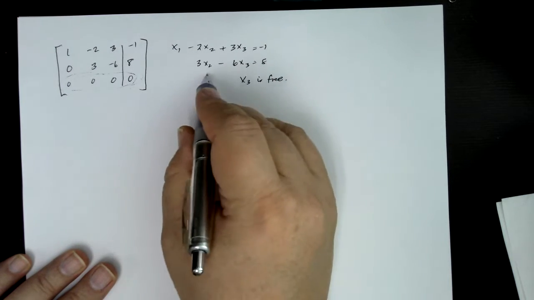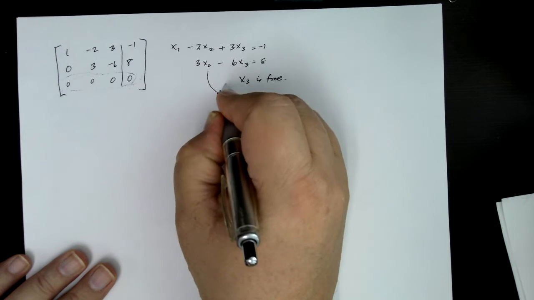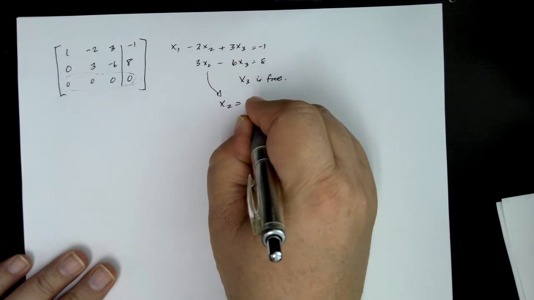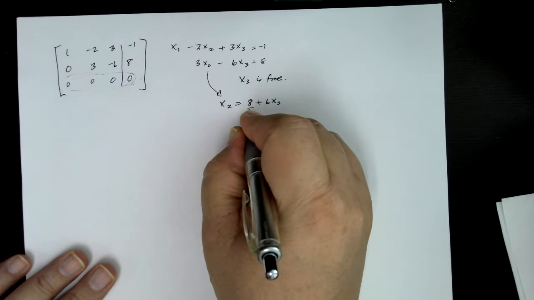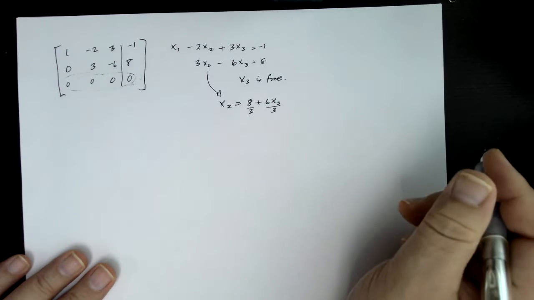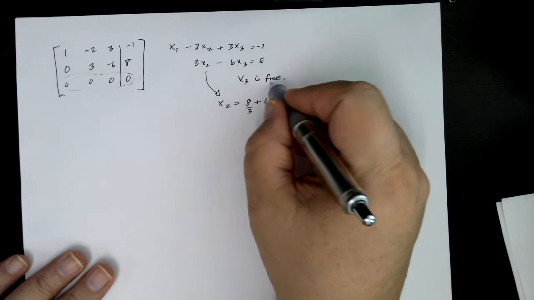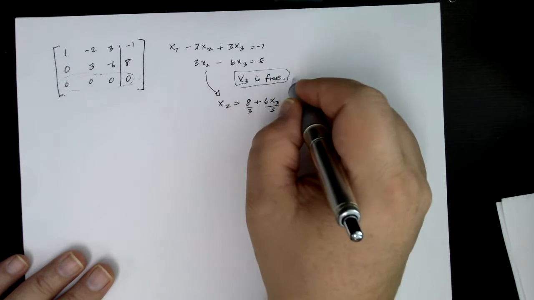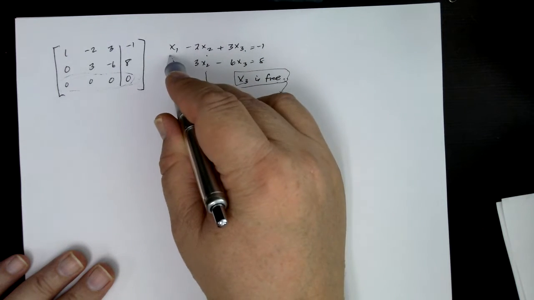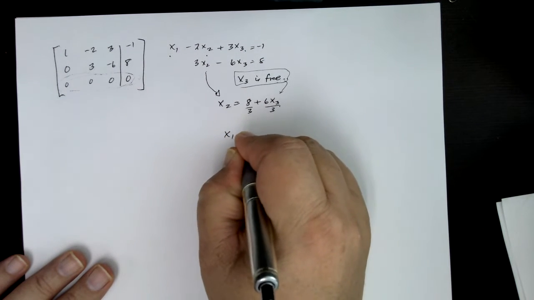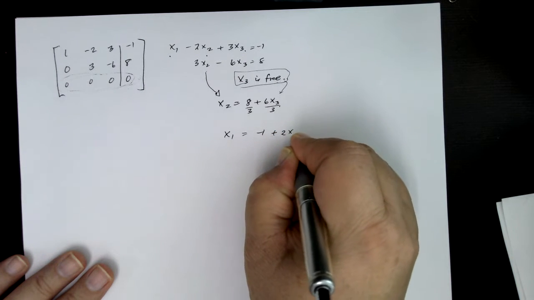And then you could solve for x2, right? x2, I'm just rewriting it from this equation, would be 8 plus 6x3, and then divided by 3, right? And so once you decide on what value x3 is, you can compute x2. And then once you've computed x3 and x2, then you can compute x1, because x1 is minus 1 plus 2x2 minus 3x3.